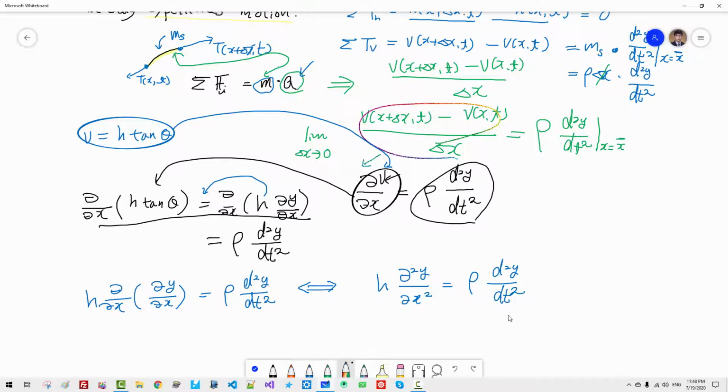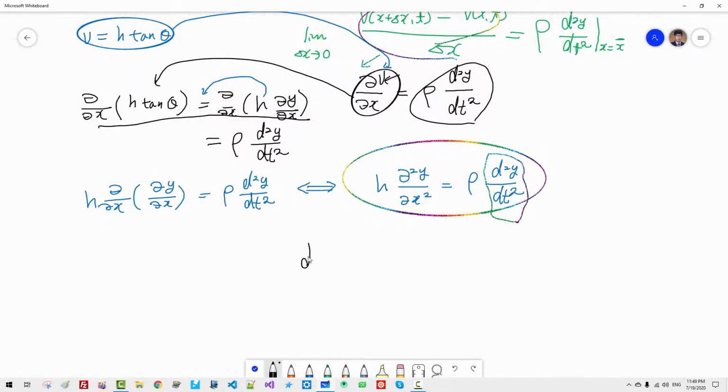We now solve this equation with respect to this term like this. d square y over dt square equals, we divide by rho, so it becomes H over rho partial square y over partial x square.